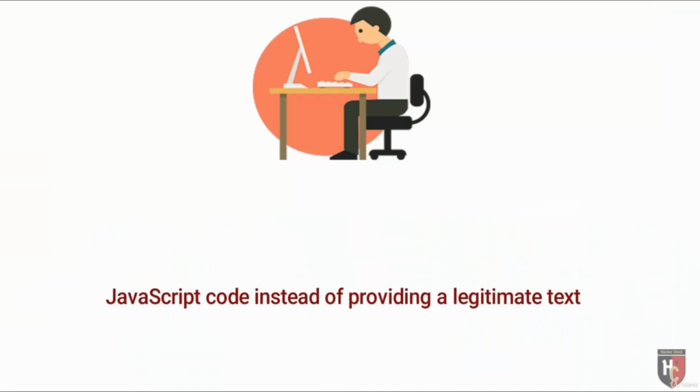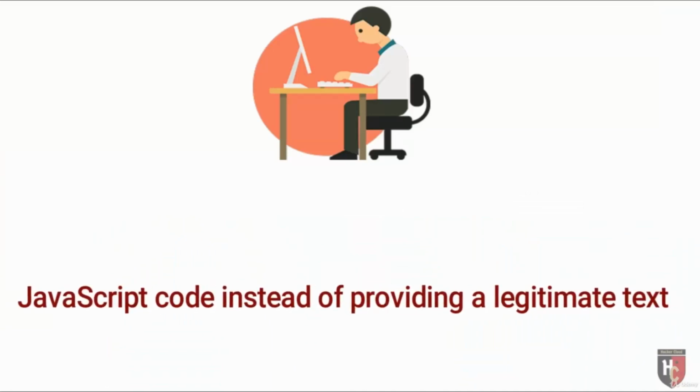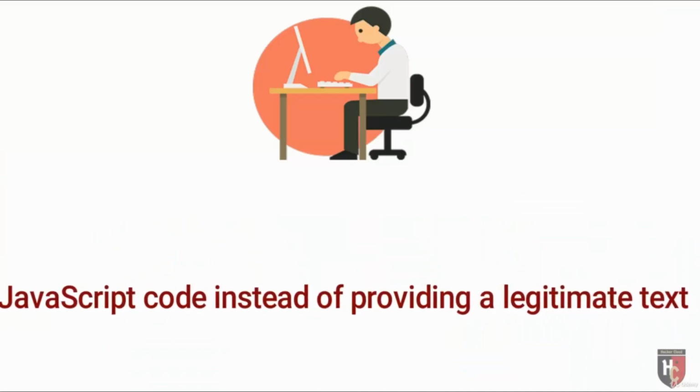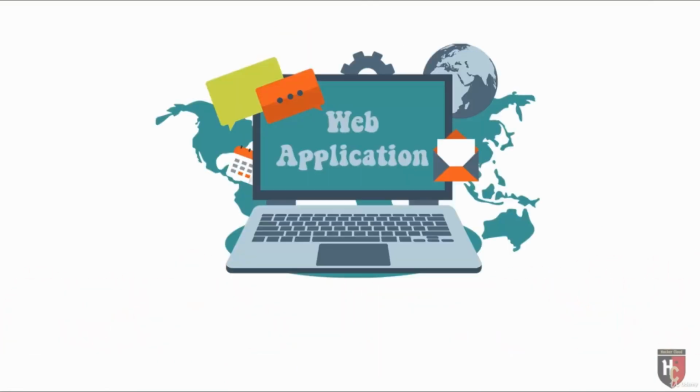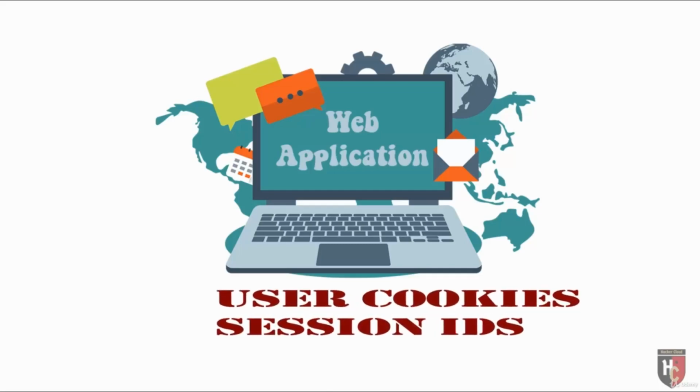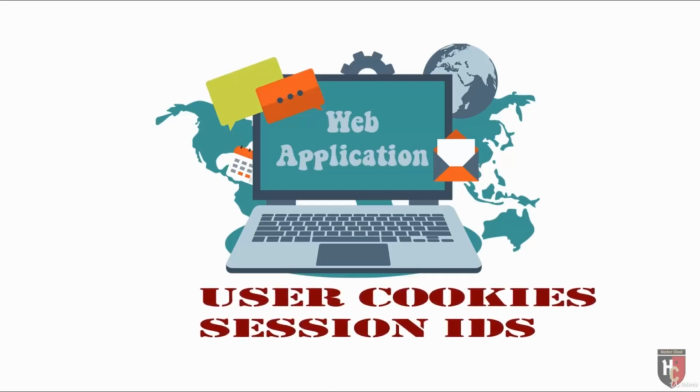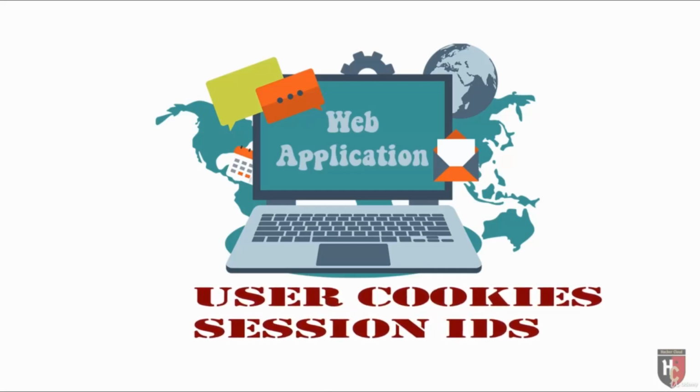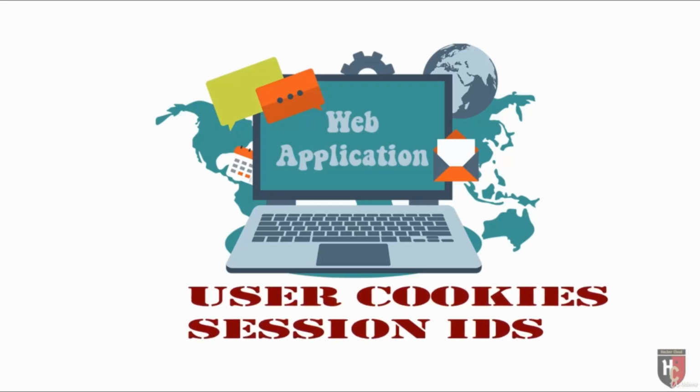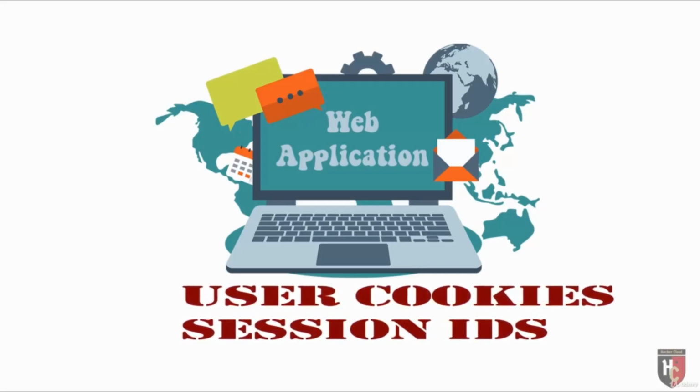The user provides JavaScript code instead of legitimate text, and if the JavaScript code is being executed by the web application, the application is vulnerable. This vulnerability can be used to steal user cookies and session IDs, and it can also lead to CSRF attack. So cross-site scripting is of three types.